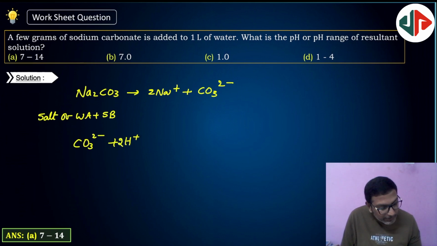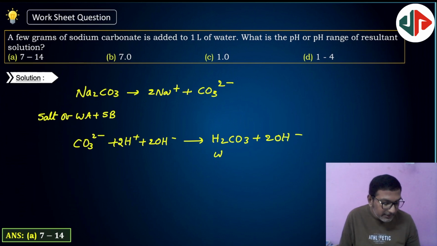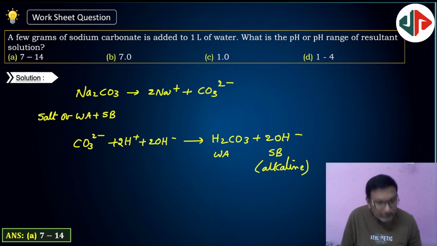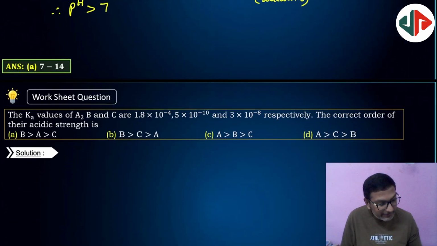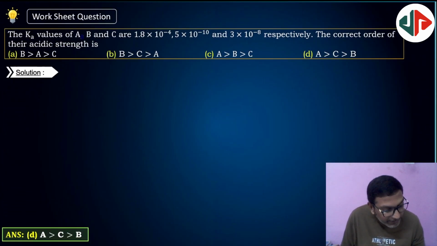So 2H+ plus 2OH- will give H2CO3 plus 2OH-. So this is a weak acid and it is a strong base. Strong base means alkaline. So due to the release of OH-, pH greater than 7. pH greater than 7 means option A, 7 to 14.